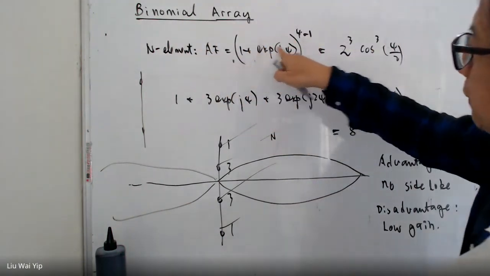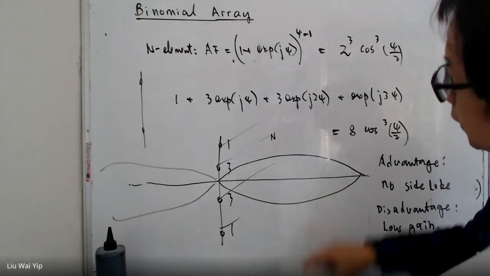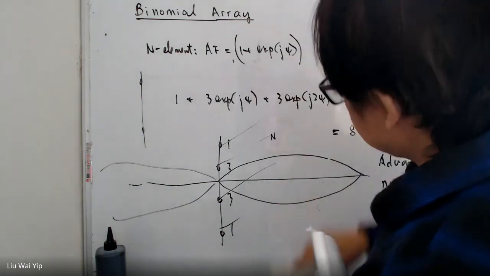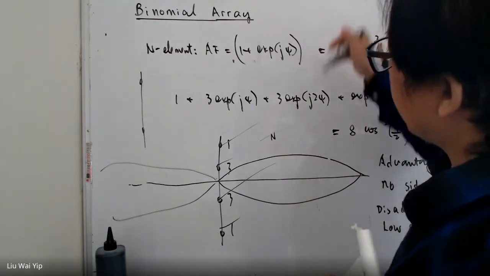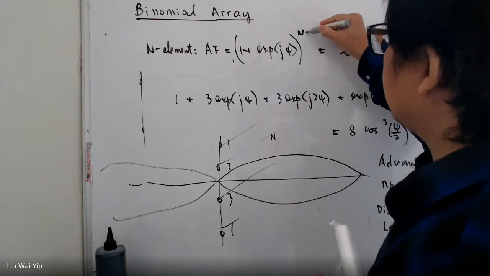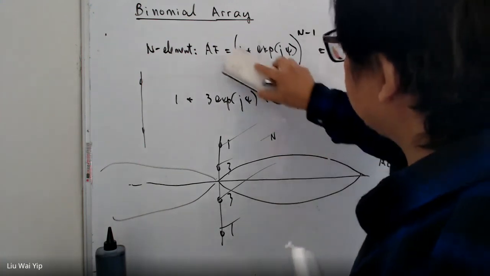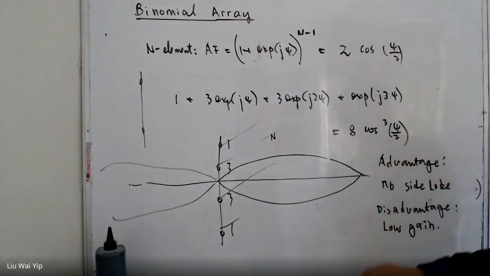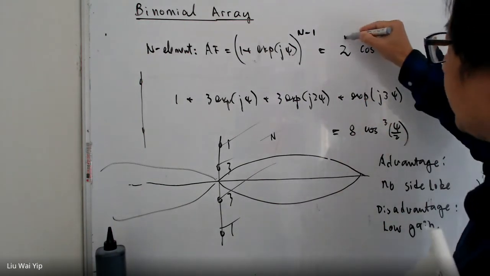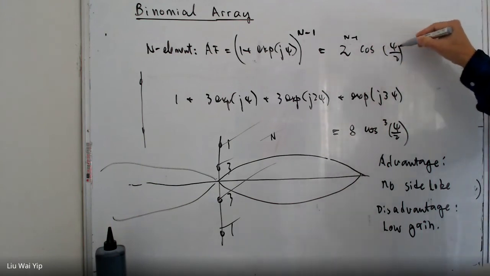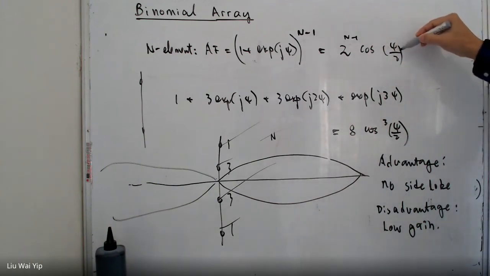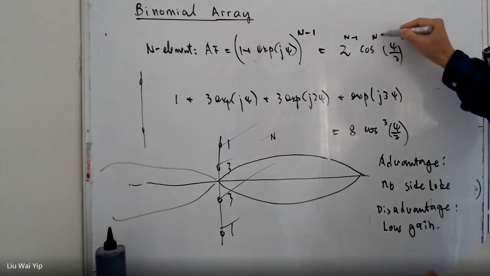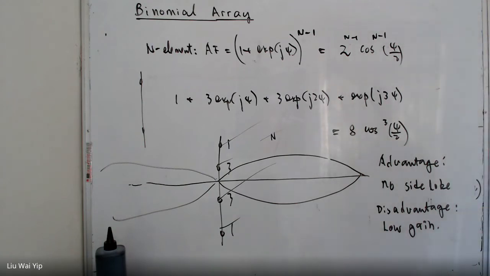And the left side of the equation is going to be this guy multiplied by itself n minus 1 times. And the right side of the equation is 2 to the power of n minus 1 and cosine of psi divided by 2 to the power of n minus 1. So this is the array factor that we are going to end up with.